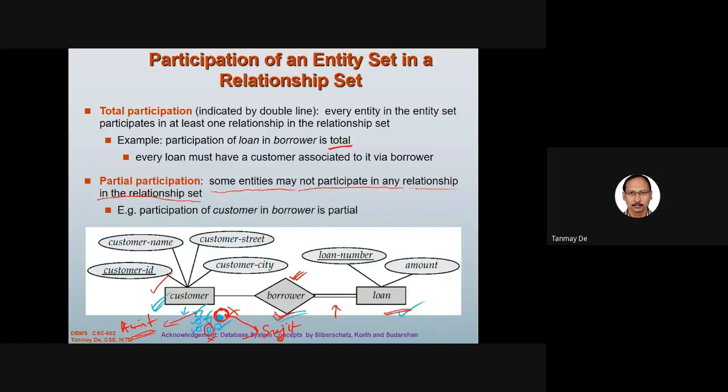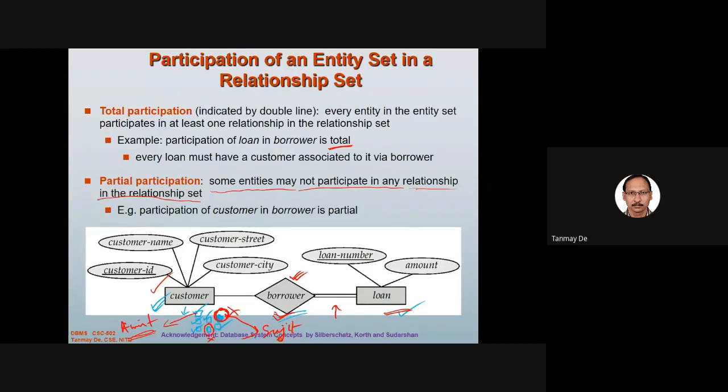If you draw the ER diagram efficiently, then these are the crucial points: the total participation and partial participation. But if you have not drawn it carefully, or you do not look very closely, then both are just single lines.